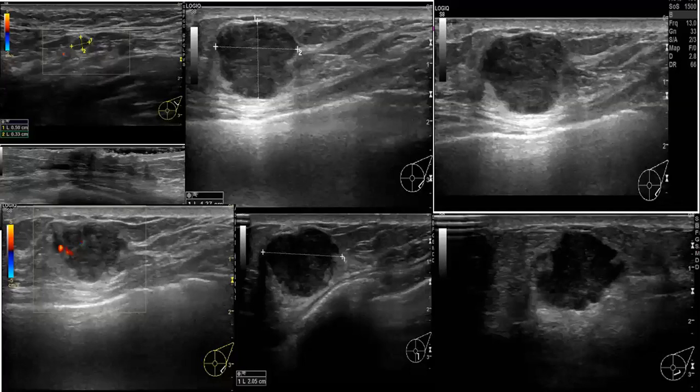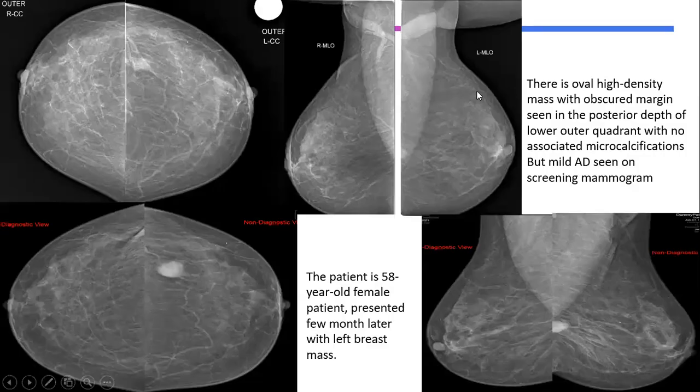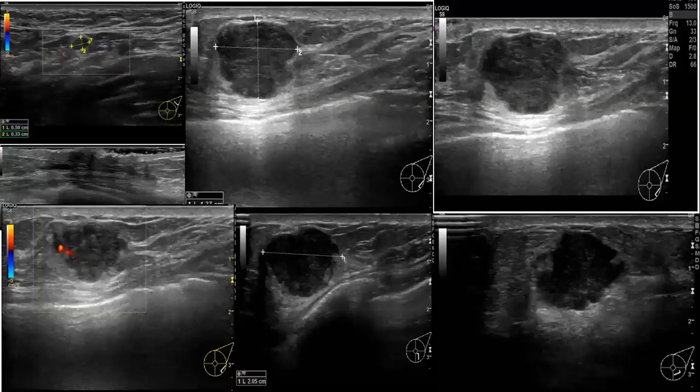And look at it on ultrasound, it is a typical malignant one. And look at the duct extensions. The lesion here was first missed on the screening mammography. This is an interval cancer, detected a few months later when she presented with a palpable abnormality.